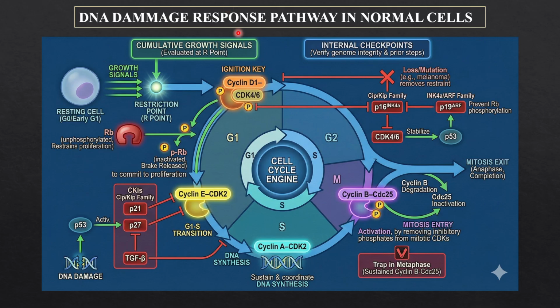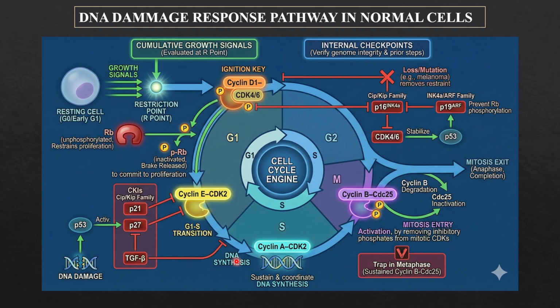If DNA damage occurs, it activates the tumor suppressor p53 protein, and activated p53 induces the expression of CDK inhibitors such as p21 and p27, which block the cyclin-CDK activity and halt the cell cycle. Additionally, signals like TGF beta can reinforce the inhibition.